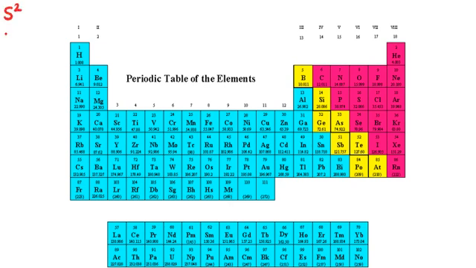S, 2, P, 6, D, 10, F, 14. So I showed you that if you want to derive it by yourself, you just need to add the number 4 to each one to find the number of electrons for S, P, D, F. So it's easy to memorize.